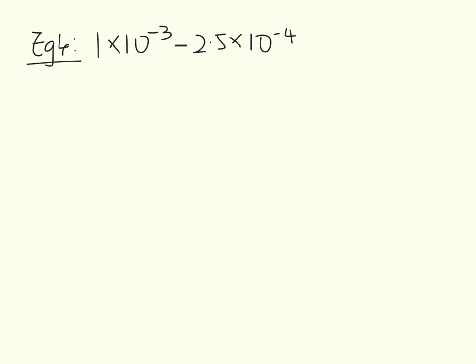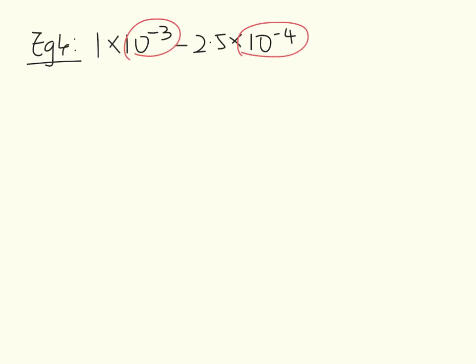Now we look at example 4. So if you have 1 times 10 to the negative 3 minus 2.5 times 10 to the negative 4. Now these two exponents of 10 are different values. So again, it's going to be different from what we did for example 2. But let's look at these two numbers using standard form and see what you should be getting.